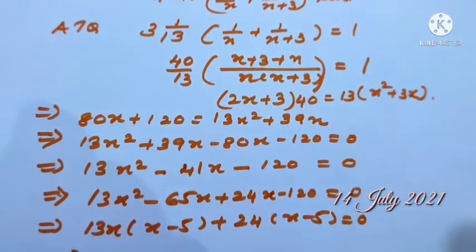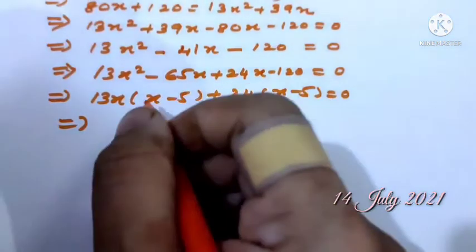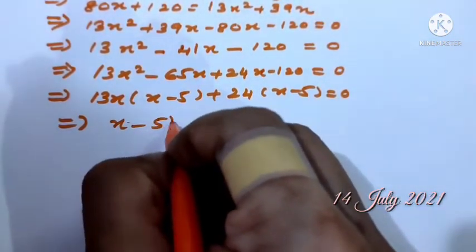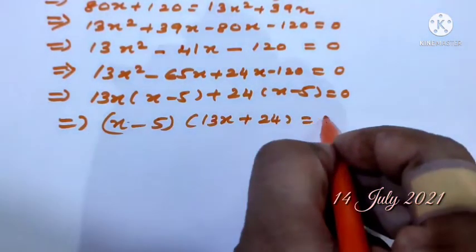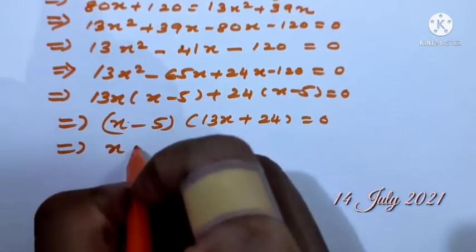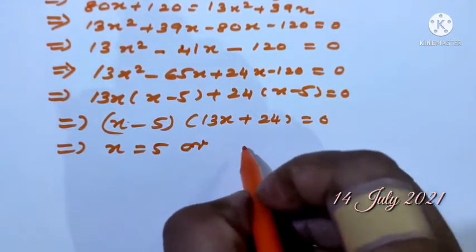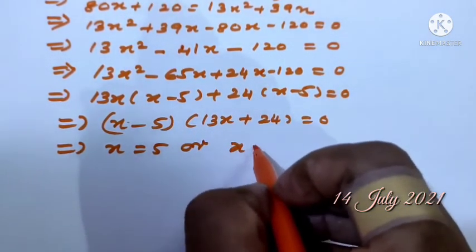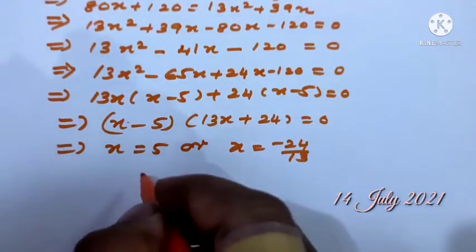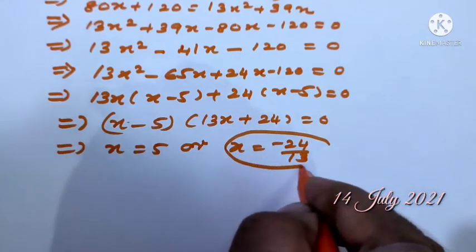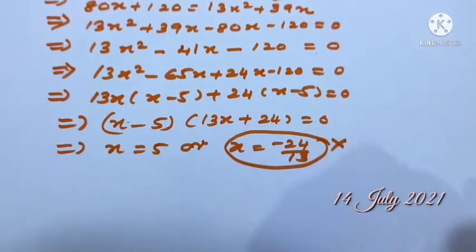What is the common number here? Factor, not number, factor. So x minus 5 into 13x plus 24 equal to 0. So x equal to 5 or x equal to minus 24 by 13. This implies which can be applicable? 5 only, and this is not possible.